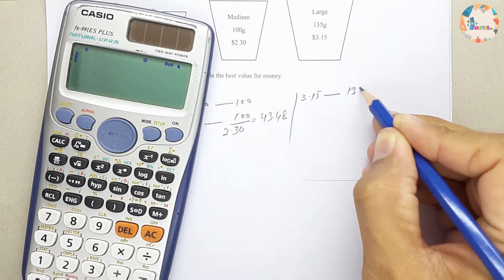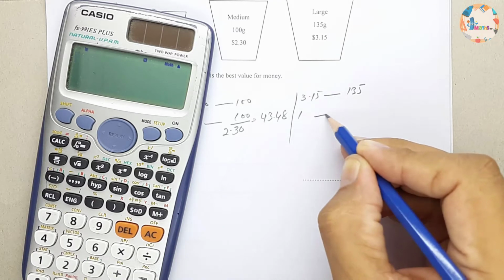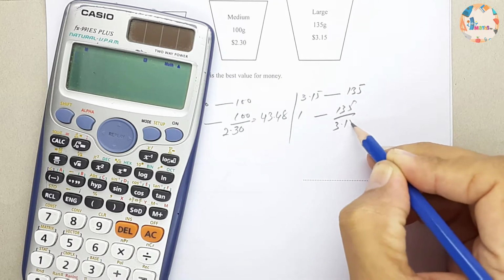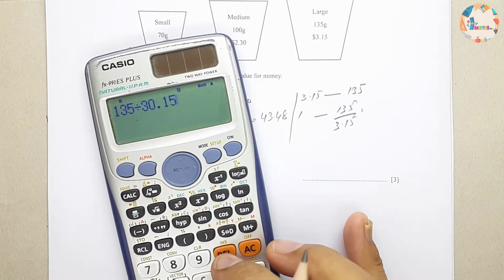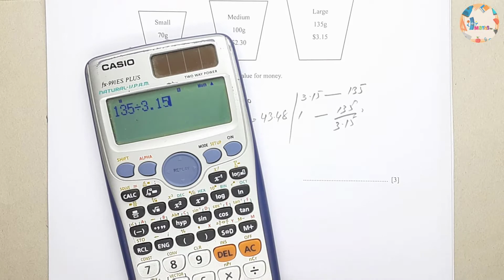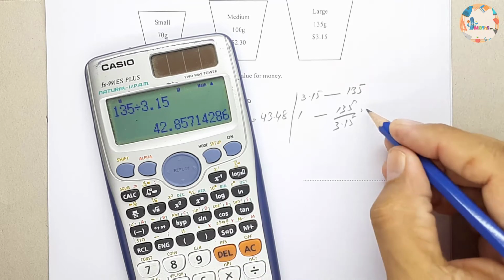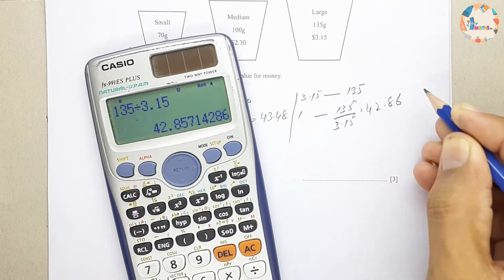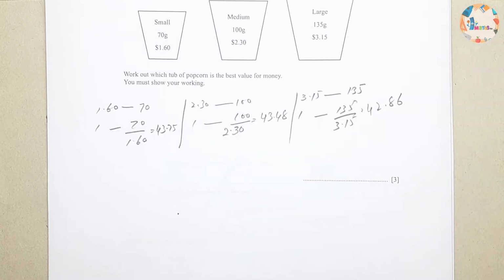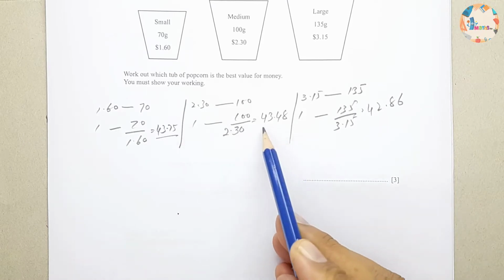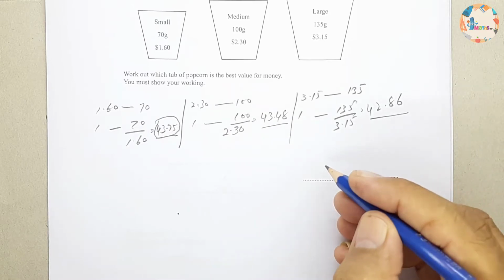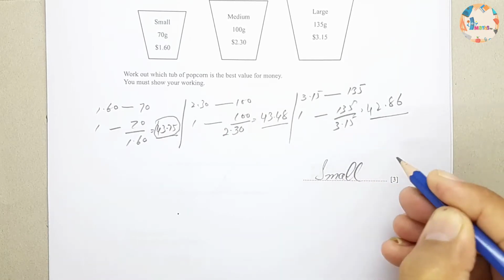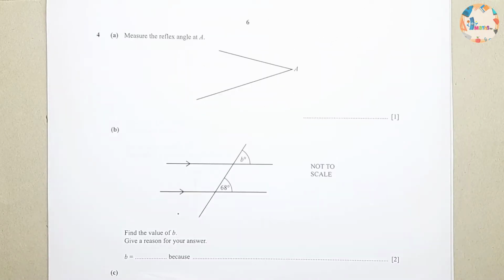We can buy 135 grams, so 135 divided by 3.15 will be equal to 42.86. Now if we check, the maximum is 43.75, so the small packet will be the best buy.